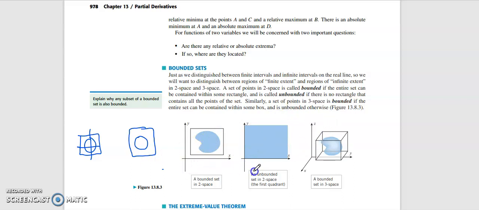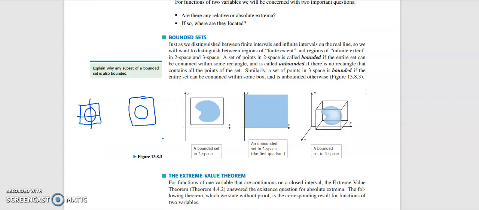Now, when we find absolute extrema, the absolute maximum and absolute minimum, if the function is continuous in a closed interval, then it will always have an absolute extrema.